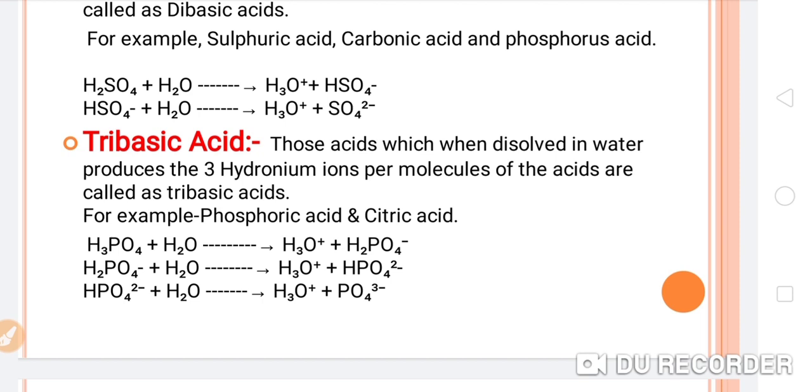So this dissociation of the acid will complete in 3 steps. Okay, so this is the tribasic acid. And why are we saying this is the tribasic acid? Because we are getting 3 hydronium ions in 3 different steps. So this is the classification of the acids.